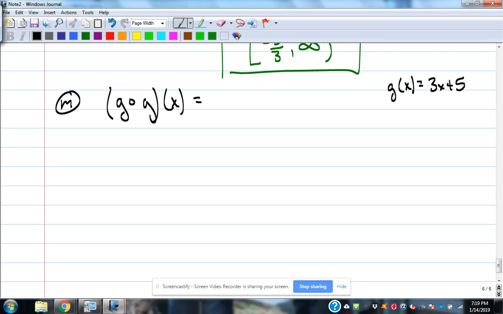What does that mean we're doing? Plug G into itself. So we're taking 3x plus 5 and replacing the x in it with the same thing, 3x plus 5. Work that out.